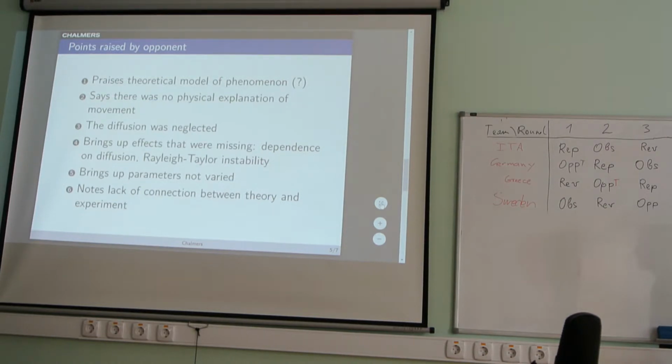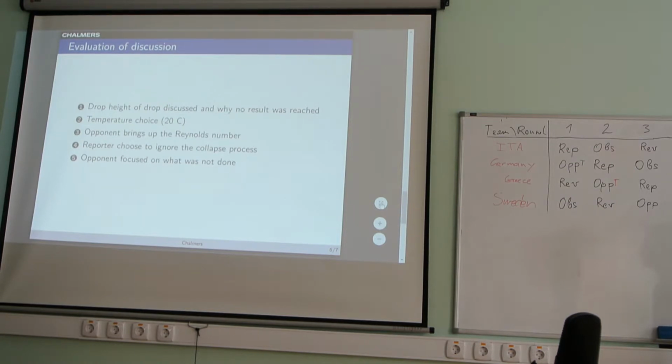They also note a lack of connection between theory and experiment. So, evaluation of the discussion: drop height was discussed, temperature choice, Reynolds number, not comment on the collapse process, and focus on what was not done.